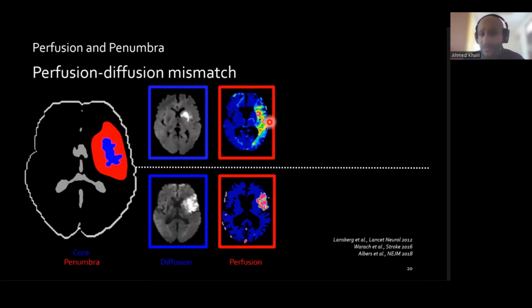Then you do perfusion-weighted imaging, and you see that there's one of two scenarios. Either the perfusion lesion, the area of disturbed blood flow, is much larger than the core, as in this first patient here, or the perfusion lesion is roughly the same size as the infarct core, as in the second patient.